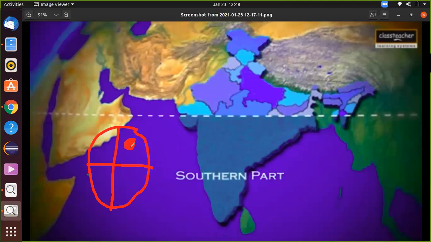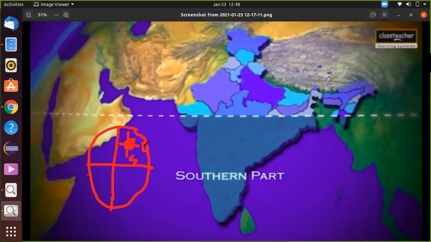So obviously, if India lies here, this is the south of India, this is the north of India, this is the west of India, and this is the east of India. E for east.